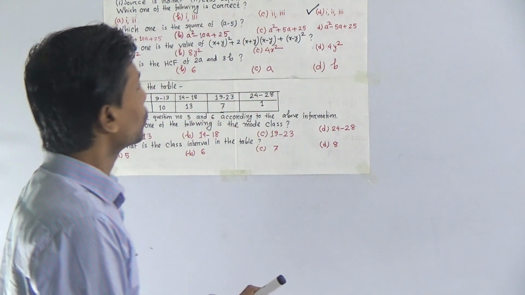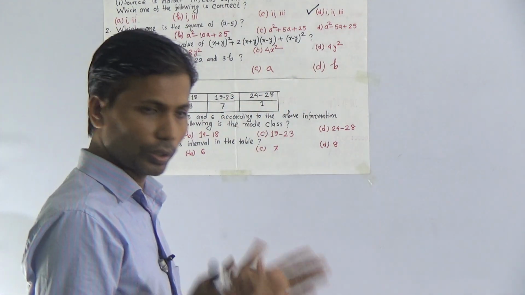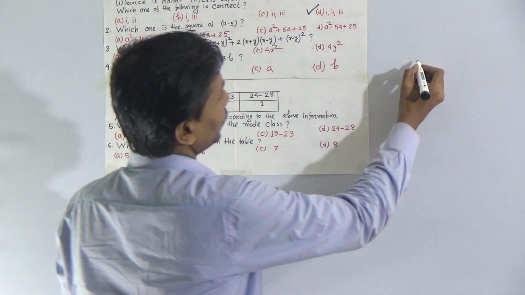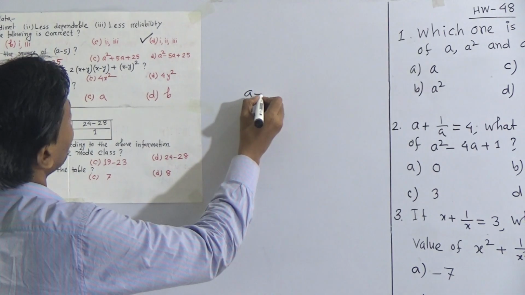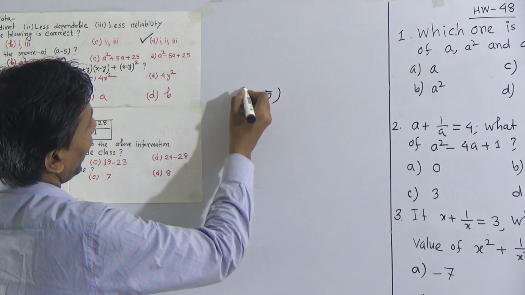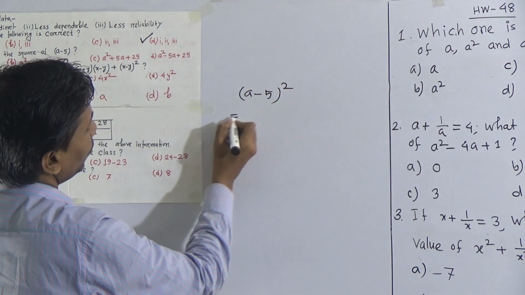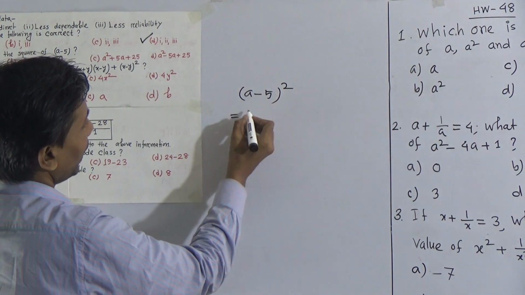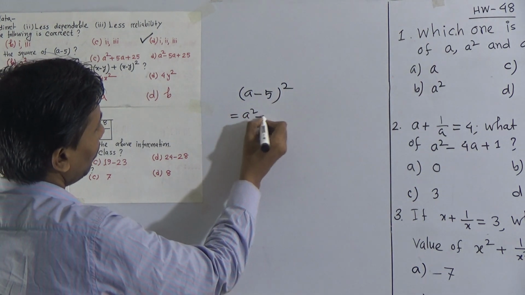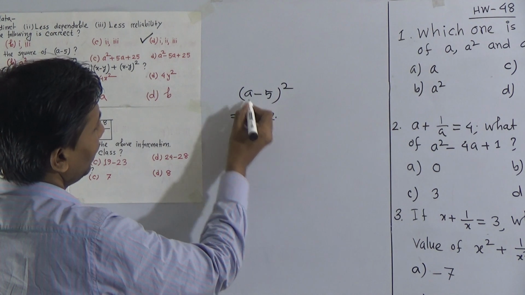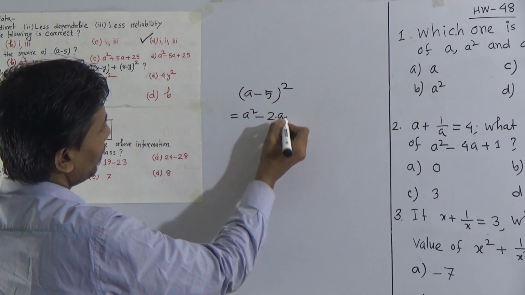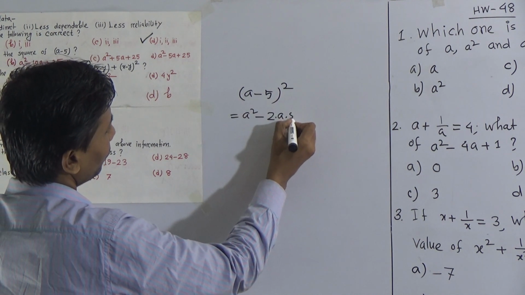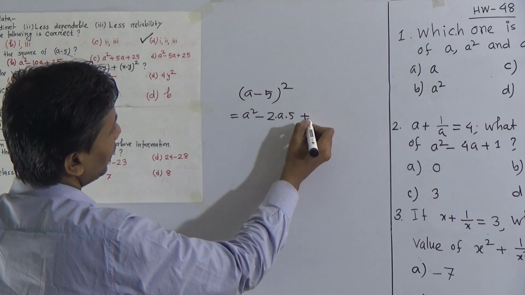Look, so according to this law, we have to write it this way: A minus 5 whole square. You consider this is the A and this is the B. That means A square, minus 2 times A, the first term, times B, the second term, plus B square.